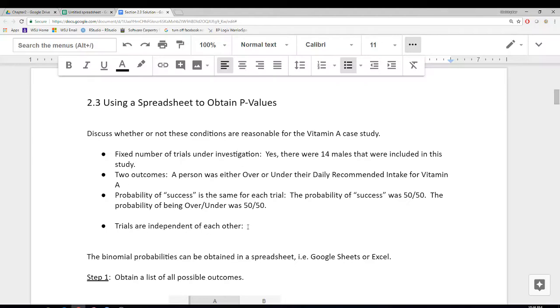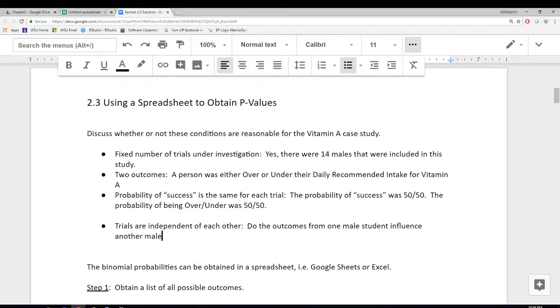Now, are the trials independent of one another? So you have to ask yourself, do the outcomes from one male student influence another male's outcomes? And probably not.